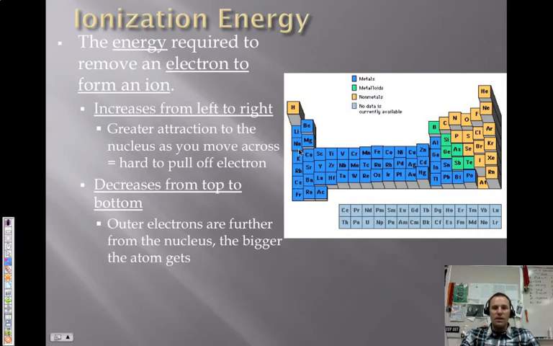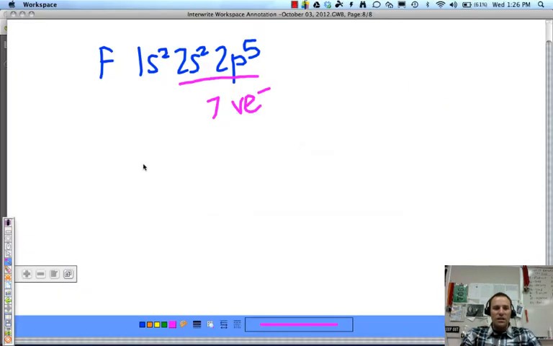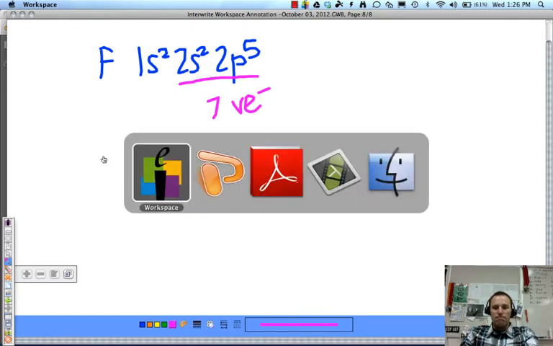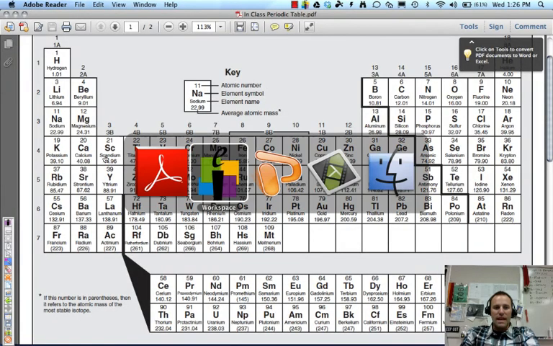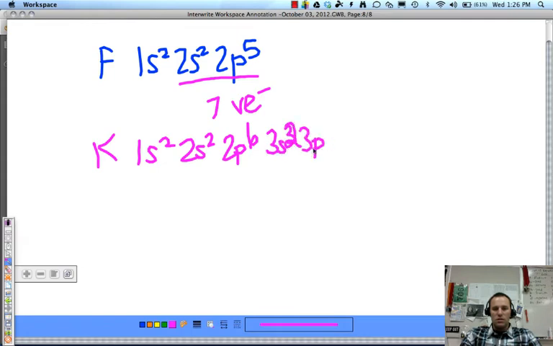So does lithium. And that's because, again, if we look at our electron configuration, so let's do the electron configuration for, let's do potassium. Okay, potassium's way over on the left. So potassium is 1s2, 2s2, 2p6, 3s2, 3p6, 4s1.